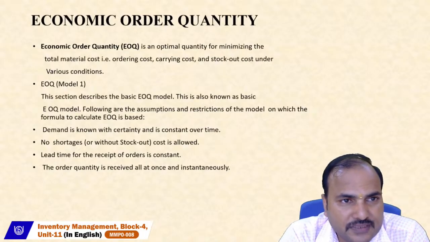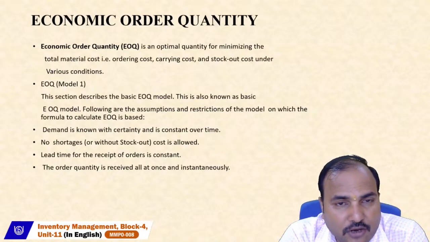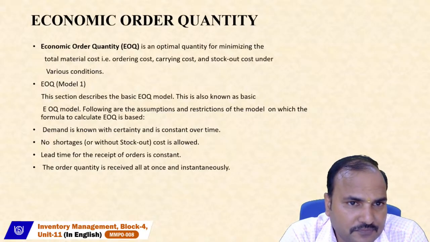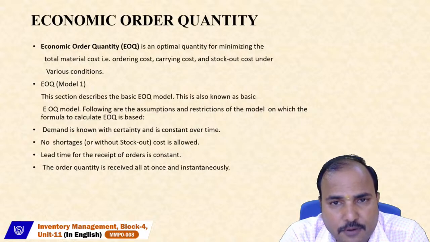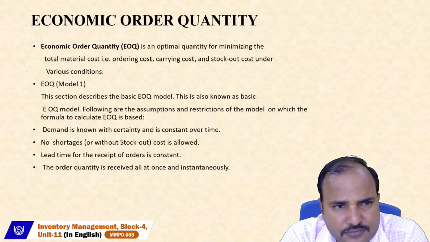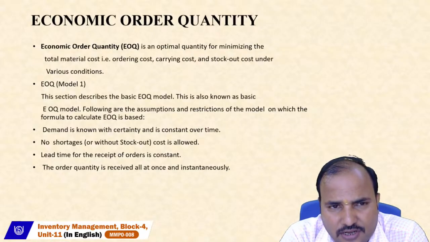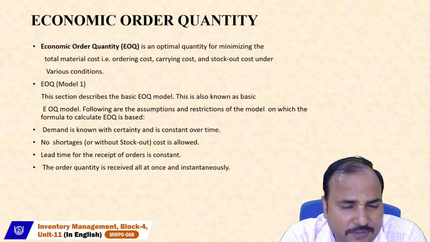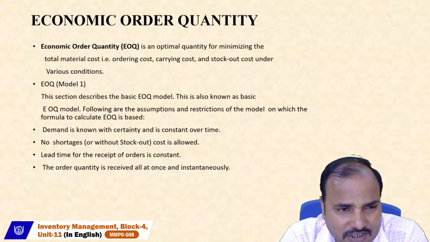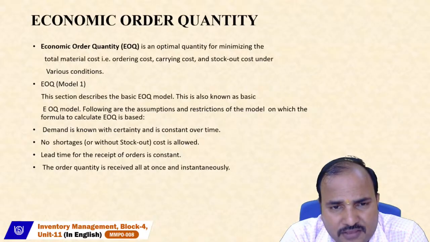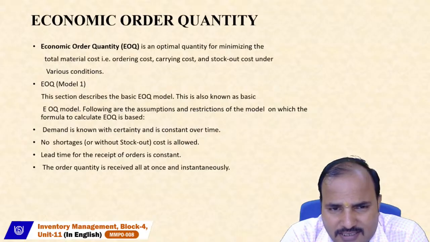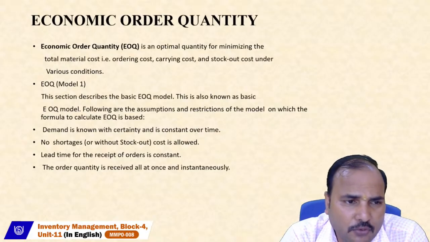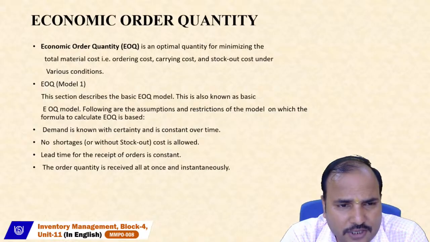Let us know about the economic order quantity. Economic order quantity is an optimal quantity for minimizing the total material cost. That means ordering cost, carrying cost, stock out cost under various conditions. This section describes the basic EOQ model, and there are the following assumptions and restrictions of the model on which the formula to calculate the EOQ is based.